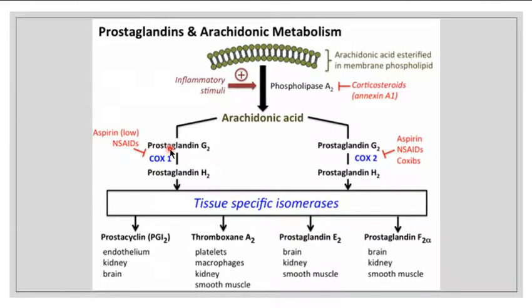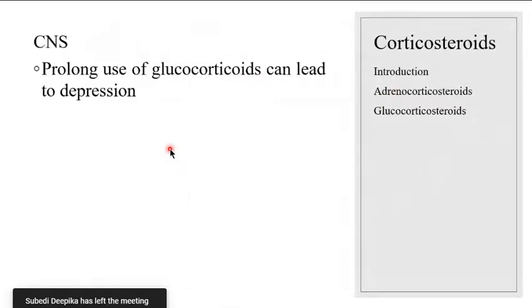Therefore, corticosteroids help to produce anti-inflammatory action as well as suppress leukocyte function. Those two actions are important from therapeutic uses, whereas other actions can lead to some adverse drug reactions.